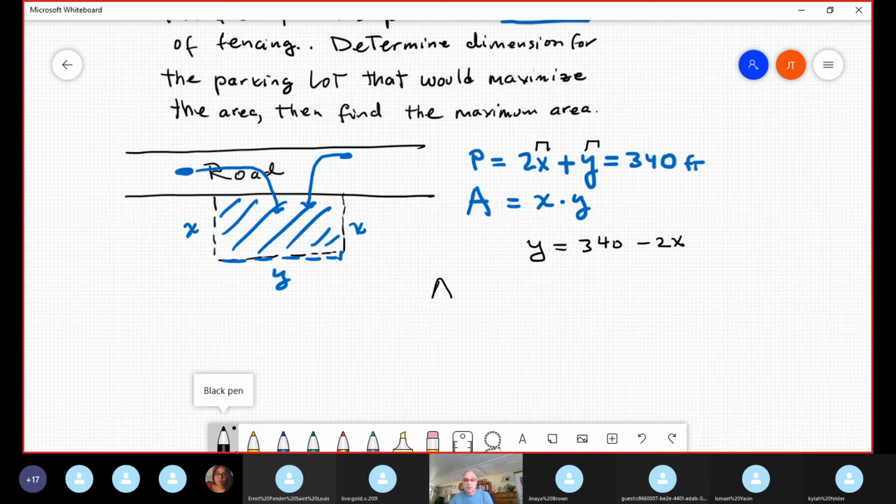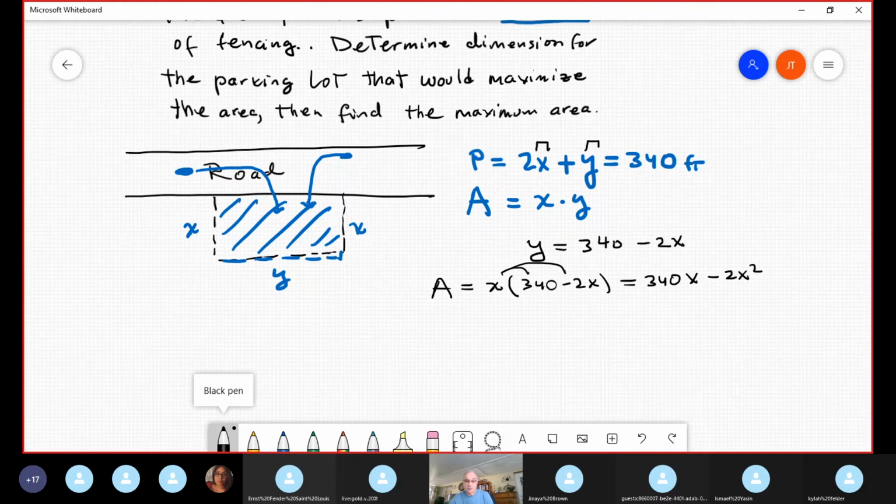Now my area is equal to the multiplication x times y, but y is 340 minus 2x. Why not apply the distributive property here, and we get 340x minus 2x squared.